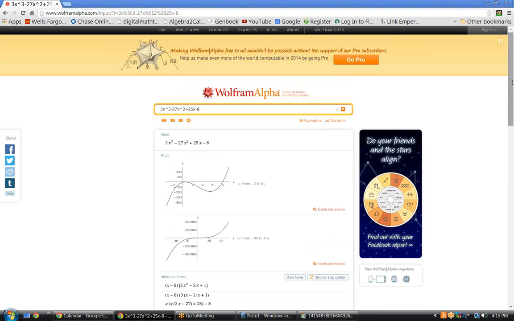Now, let's see. I have to get to graph. Let me put in this function here. 3x raised to the third. Sorry, I'm a little slow with these because of that Inspire's extra feature.